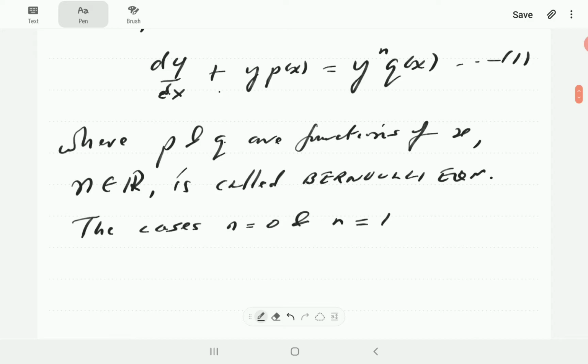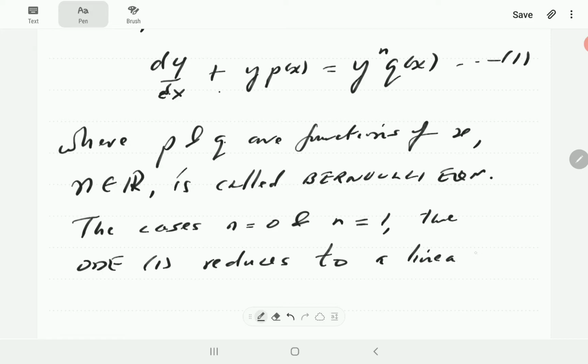So the case is n is 1 and n is 0, such that the ODE reduces to become a linear ODE.